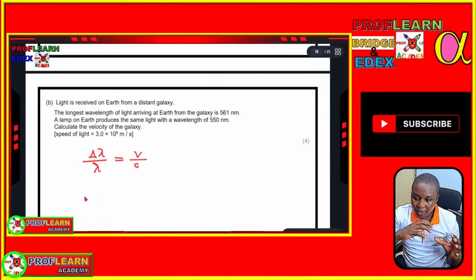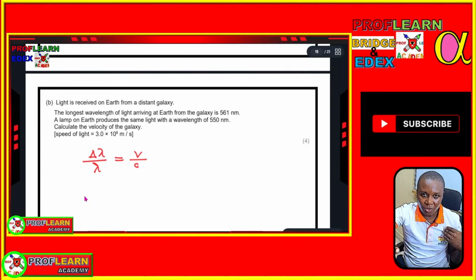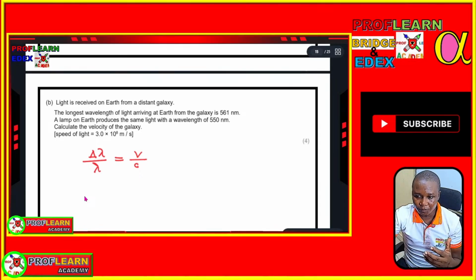So what we are saying here is that the star is producing a wavelength of 550, but since it's moving relative to the observer on Earth, we measure a larger wavelength. We need to work out the change in wavelength, the difference in the wavelengths.